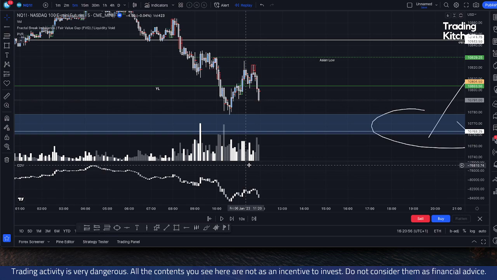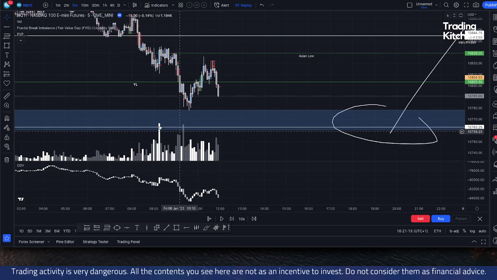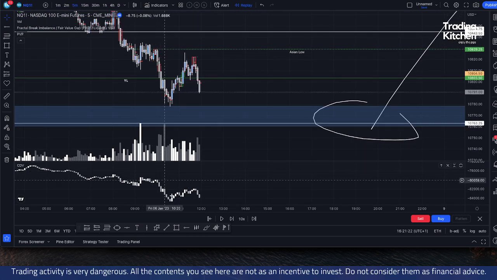Okay, so the bias is short, but price touched a very high potential demand zone after breaking yesterday's low. So look at the CDV, cumulative delta volume, that broke the level. So we have this first confirmation over here, and the POC is switched.